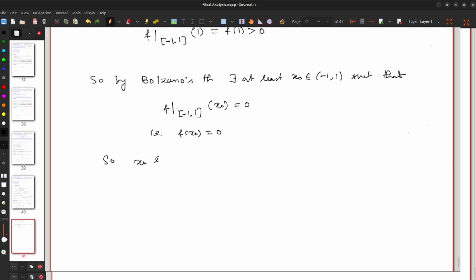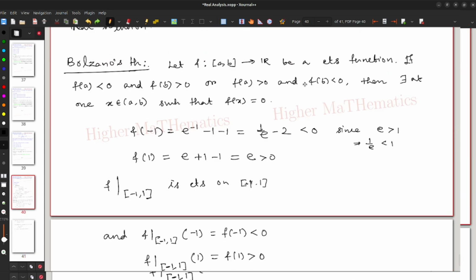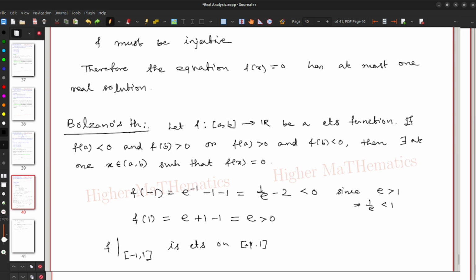So x0 is a real solution of the equation f of x equal to 0. We have already seen that the equation f of x equal to 0 has at most one real solution.